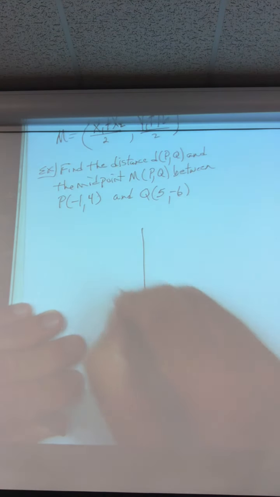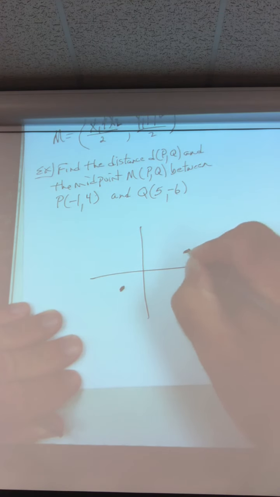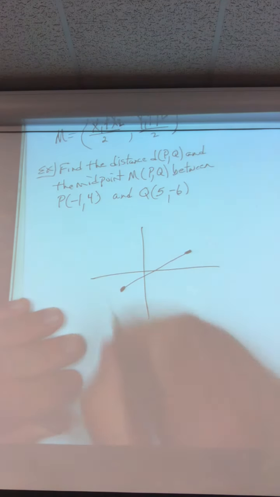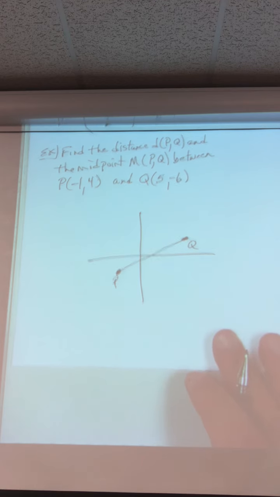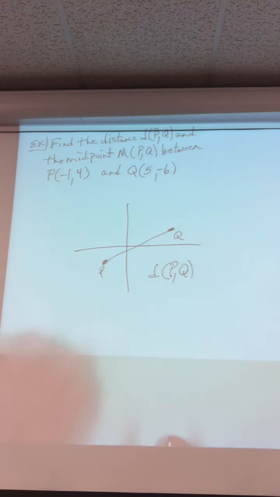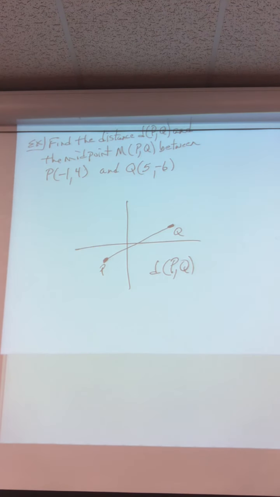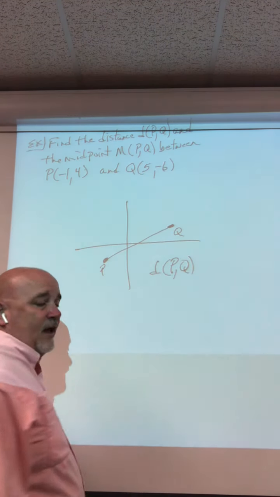So, if I have a point here and a point right here, how to find out how far apart that is. I'm just going to call this point P and this point Q. So when I say find D of P comma Q, that simply means find out how far apart they are. In other words, if you were to walk this, how far apart are they actually?